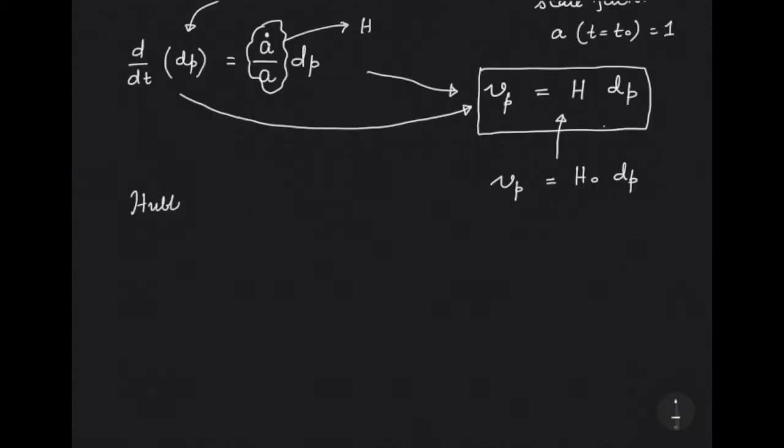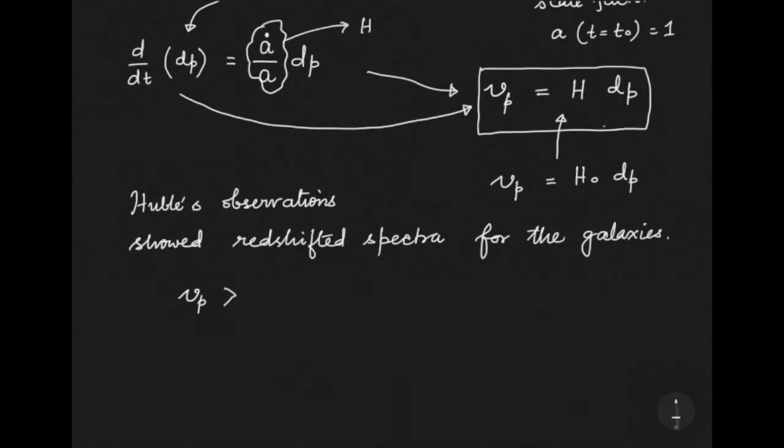Hubble's observation showed that the galaxies have redshifted spectra. Remember that that is what we discussed, which means that Vp is greater than 0. Remember, dp is a distance between two objects which cannot be less than 0.